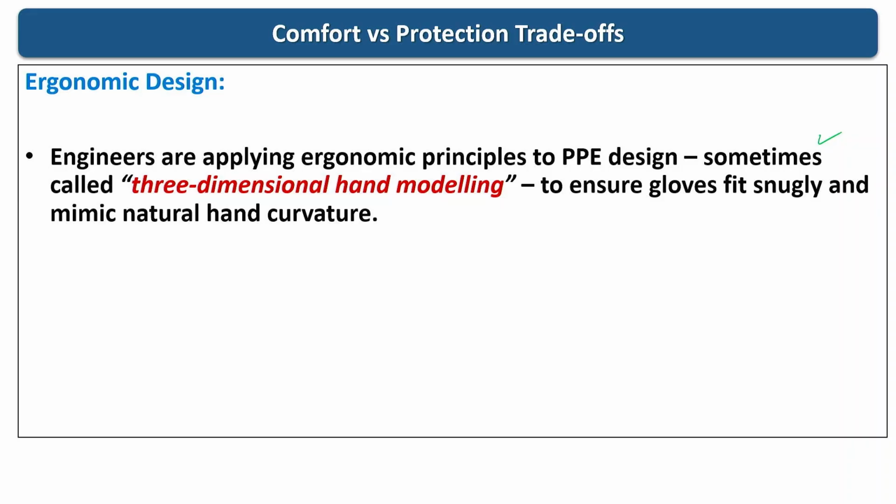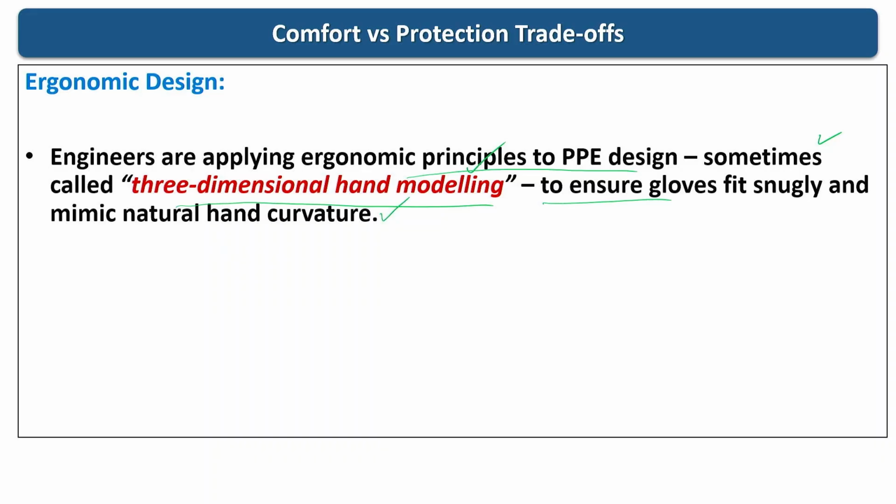So, engineers are applying ergonomic principles to PPE design, sometimes called a 3-dimensional hand model. So, ergonomic design they are trying to incorporate to ensure the gloves fit snugly and mimic natural hand curvature.